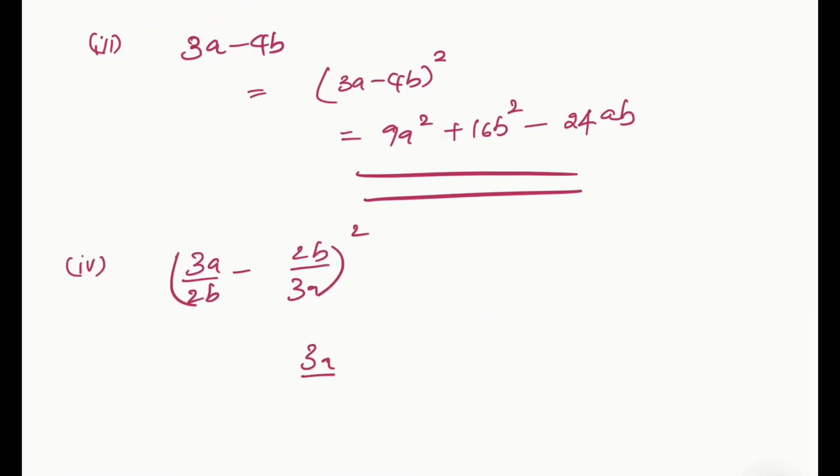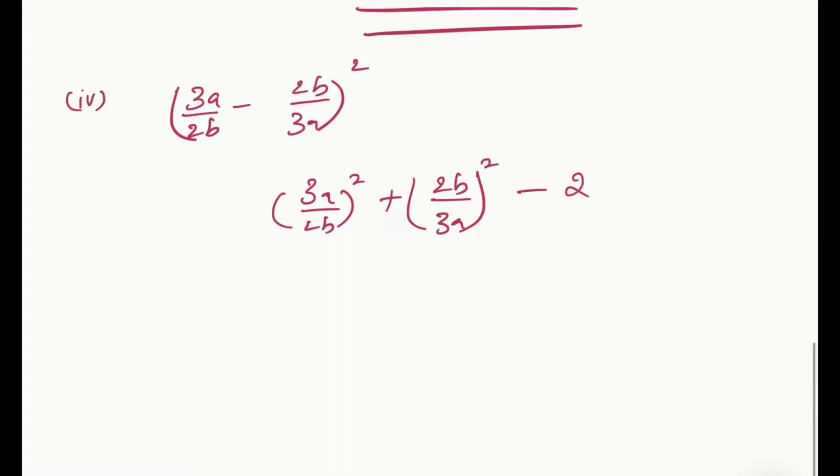That is (3a by 2b) the whole square plus (2b by 3a) the whole square minus 2 you get. Okay, so you get it as 9a square by 4b square plus 4b square by 9a square minus 2.